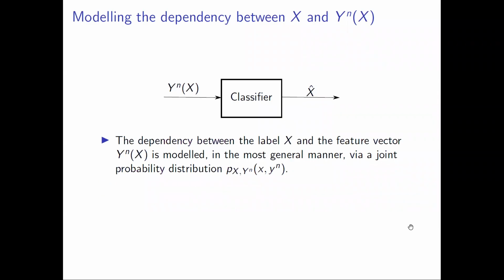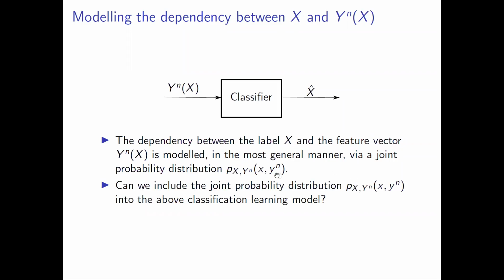Okay, so now let's model the dependency between the label X and the feature vector. The most general way in which the dependency between the label X and Y^n can be given is by a joint probability distribution. This is the joint probability distribution between X and Y^n.